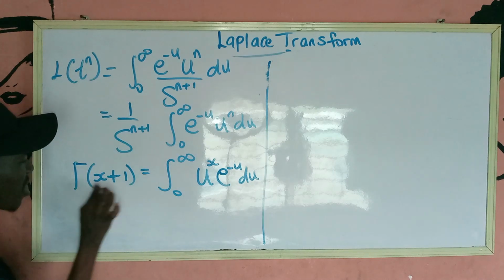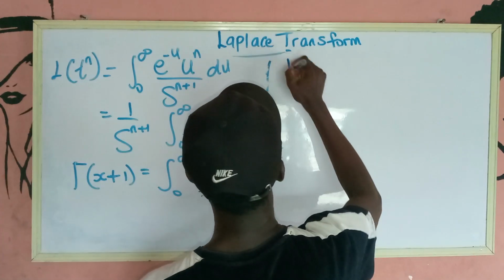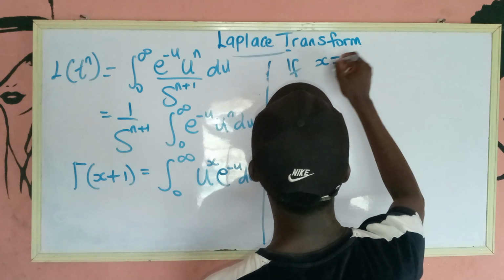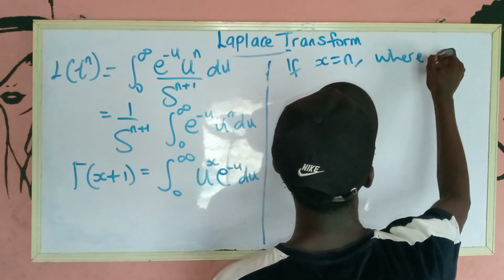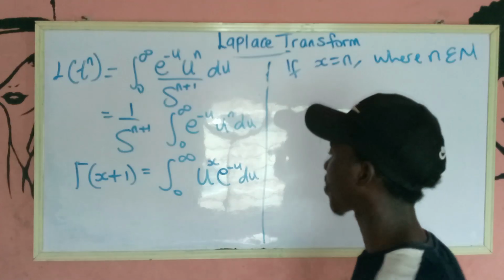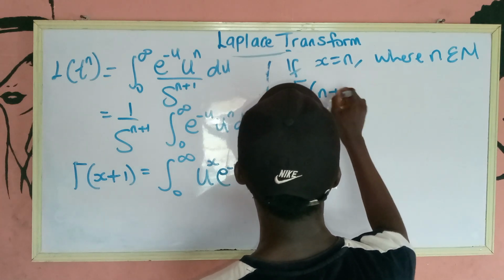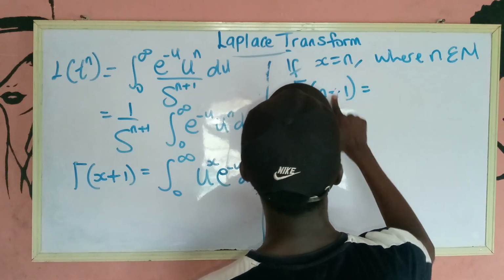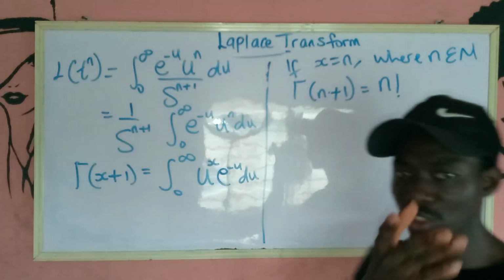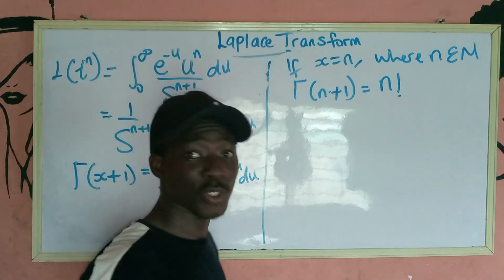But whenever this x is an integer, so if x is equal to n, where n is an element of natural numbers, that means 1, 2, 3, 4, like that, this becomes n factorial. Now I'm very sure you are familiar with n factorial. If I have 2 factorial, it means 2 times 1.